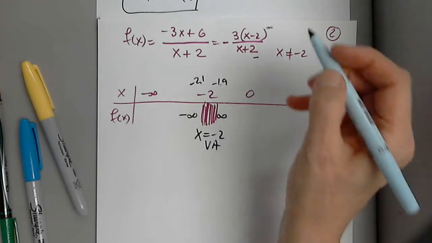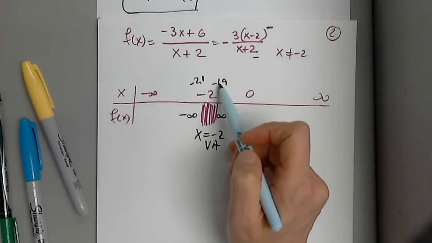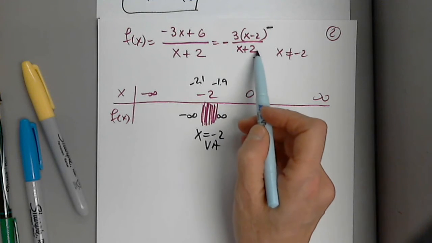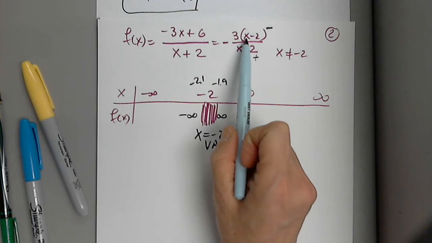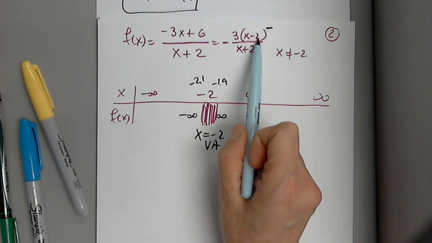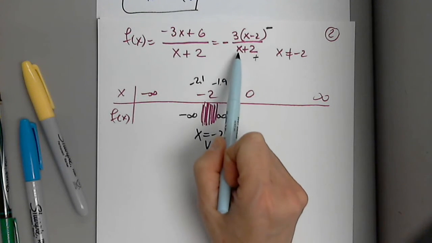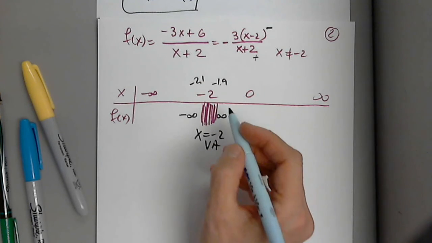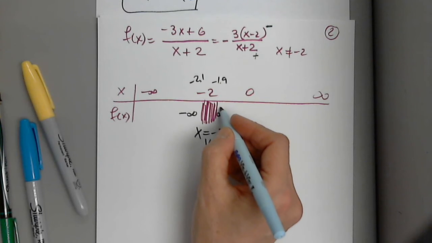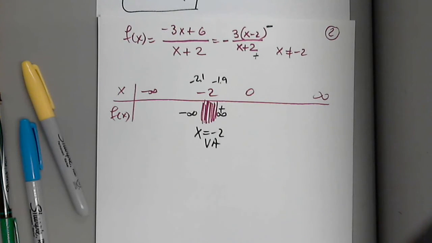This is negative. What is the sign for this? Okay, -1.9 minus 2. That's okay. -1.9 plus 2. I have two negatives. Very good.